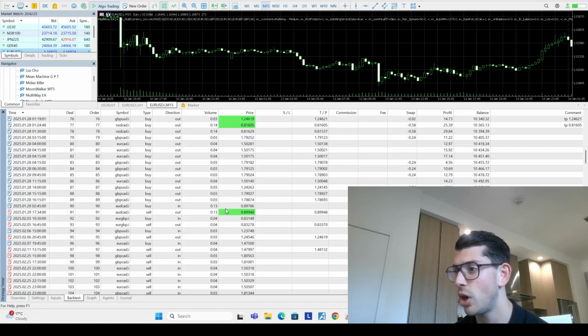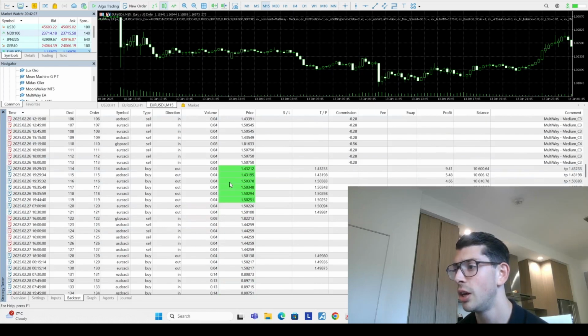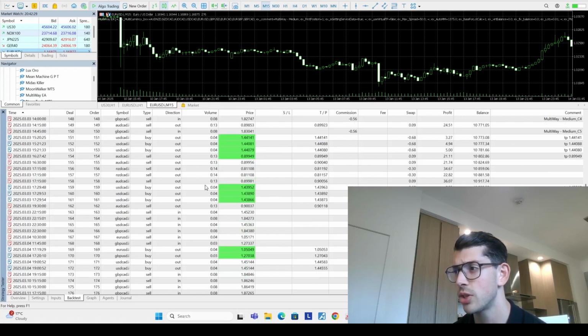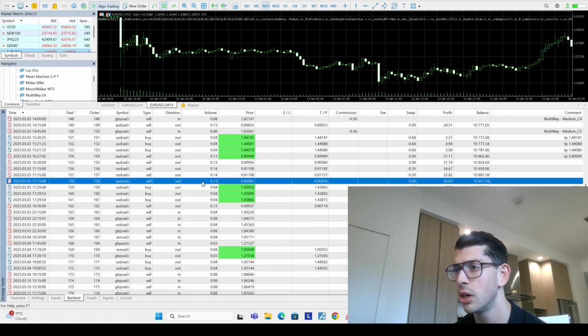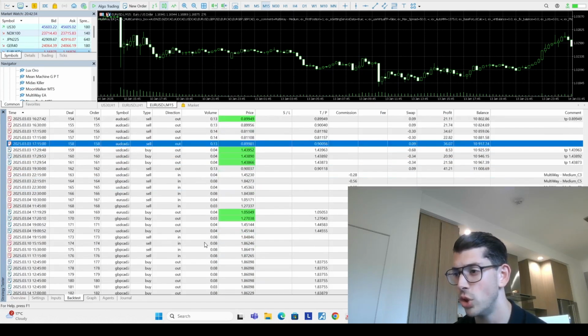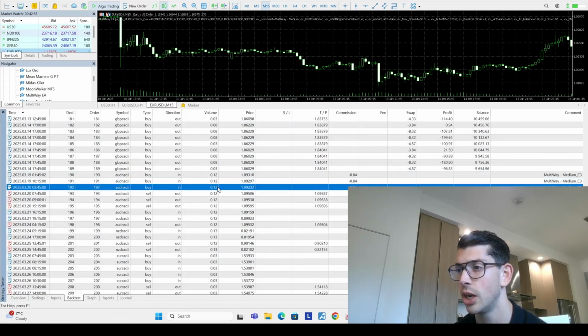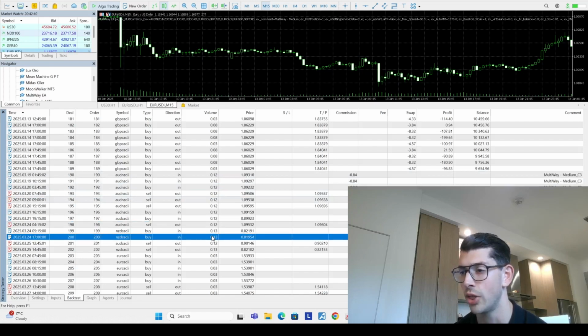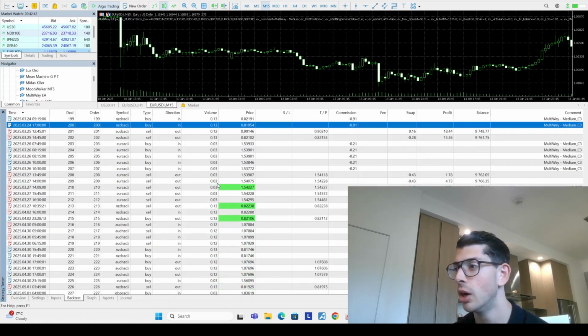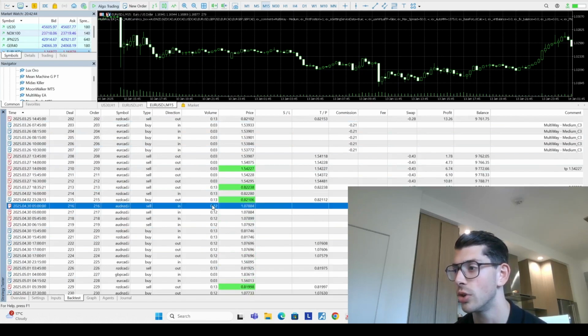And when he says it's not martingale, there is some degree of lot scaling happening here. Or maybe it's just due to the different asset value. Oh no, actually no, there is no lot scaling, because the only changes we're seeing are due to the different currencies.